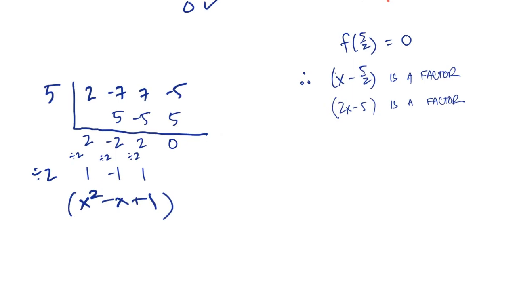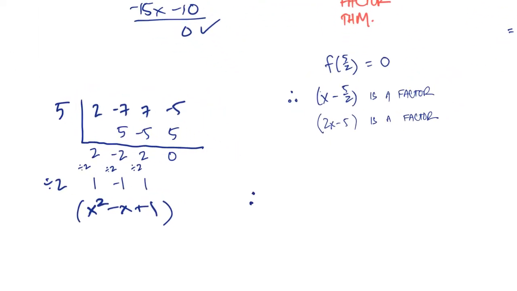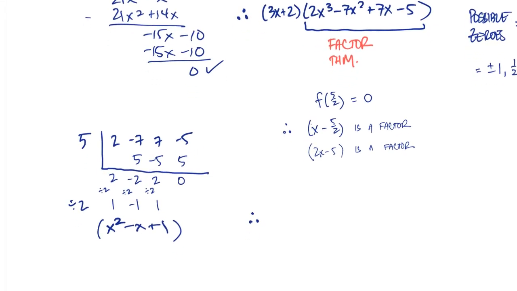So at the end, our next step in our factored form is we still have that 3x plus 2, right? Because that was the first part, but then we factored this. So the factor that came out was 2x minus 5, right? But then after the division, we got x squared minus x plus 1.